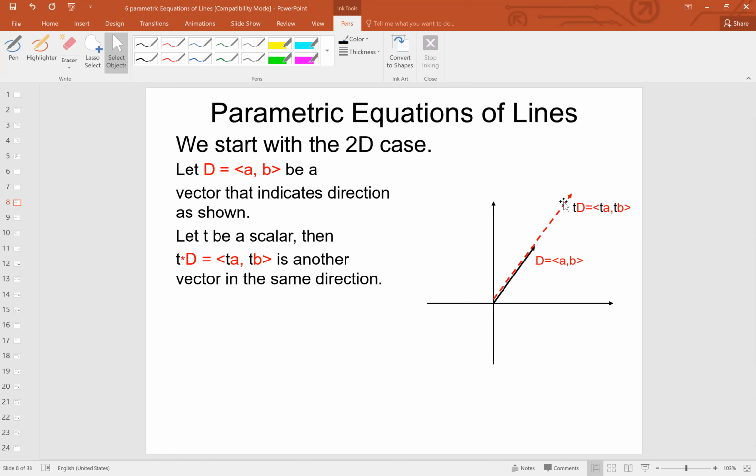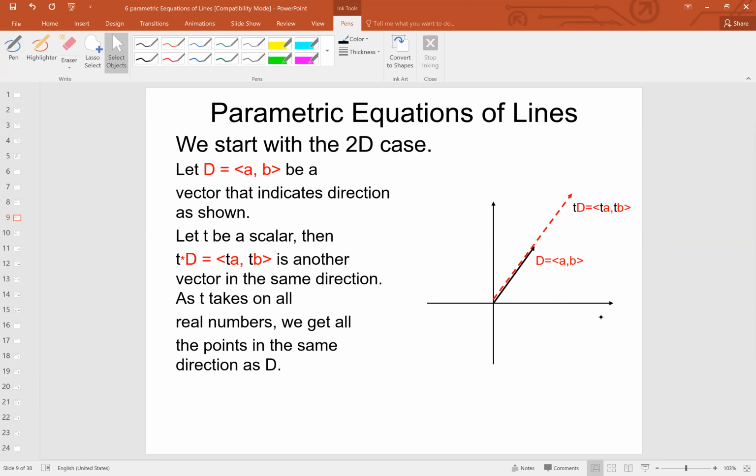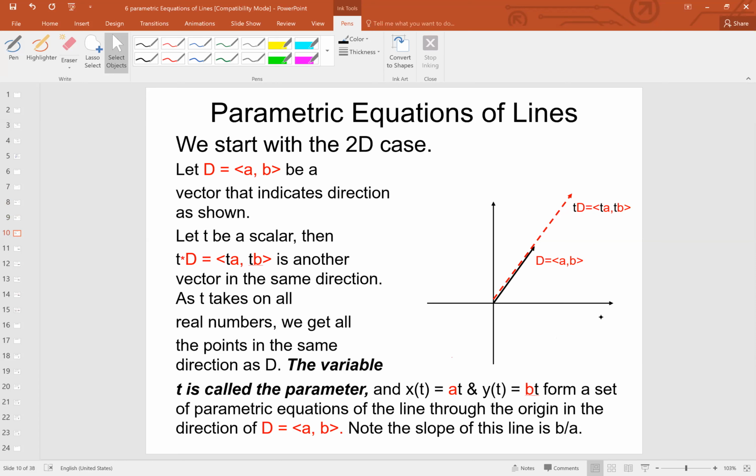I stretch the vector, elongate it or shorten it. If I call this line L, then L is t times d, where d is the vector and L stands for the line. It's in vector form. This is called a vector equation, and t is called a parameter.